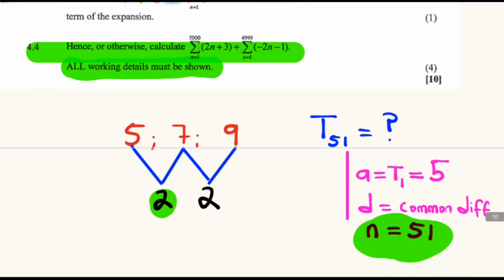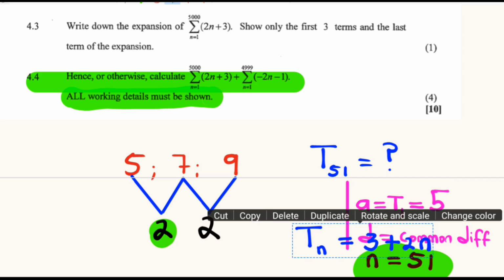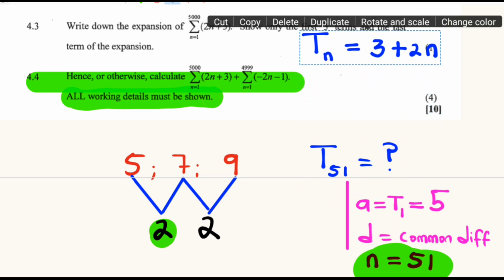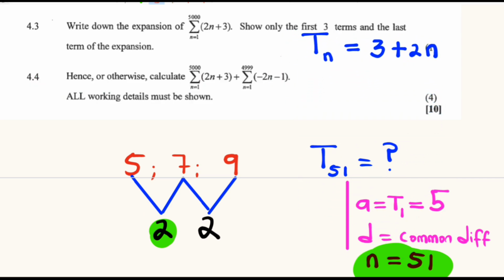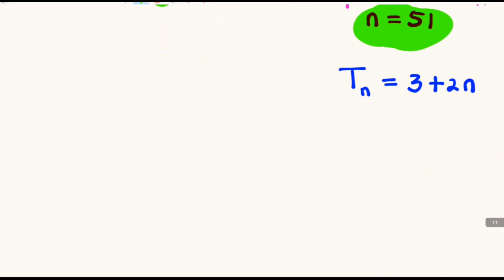We can notice that is the same as the Tn that is inside the summation. Inside the summation, we have Tn equals 2n plus 3, which is just the same as Tn equals 3 plus 2n. By determining the summation of the Tn equals 3 plus 2n, we have determined the first sum.